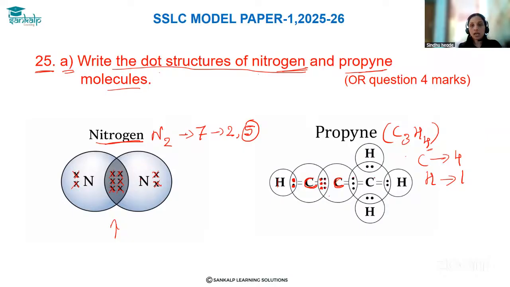Here also carbon has 1, 2, 3 and 4. This bonds with hydrogen atoms like this. This is the dot structure of propane. So these two are the dot structures of nitrogen and propane molecules. You have to draw the dot structure like this.